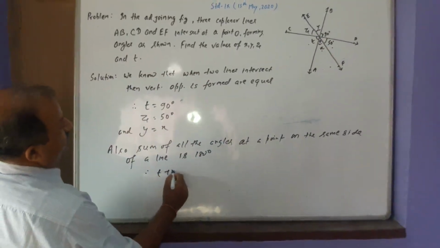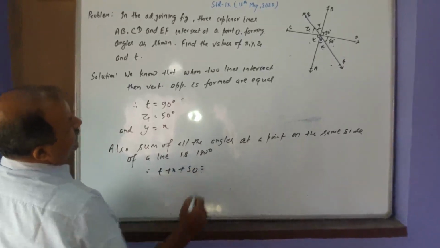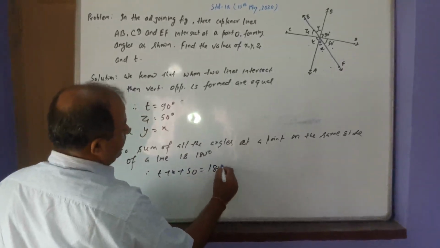Therefore T plus X plus 50 is equal to 180 degrees.